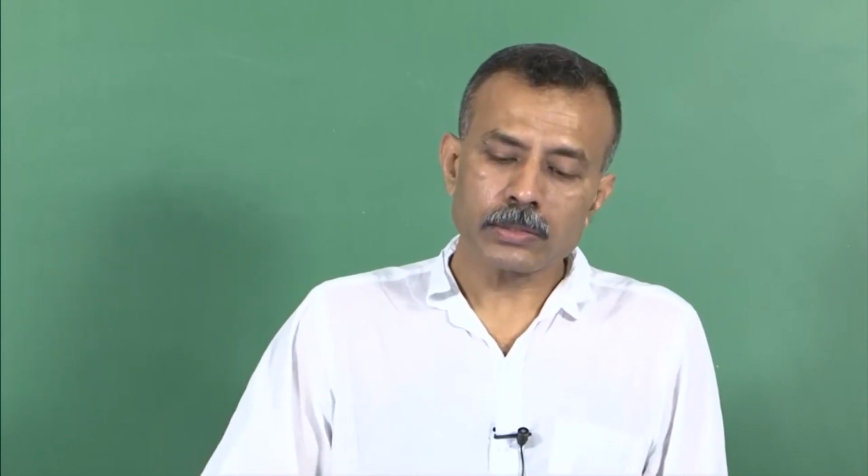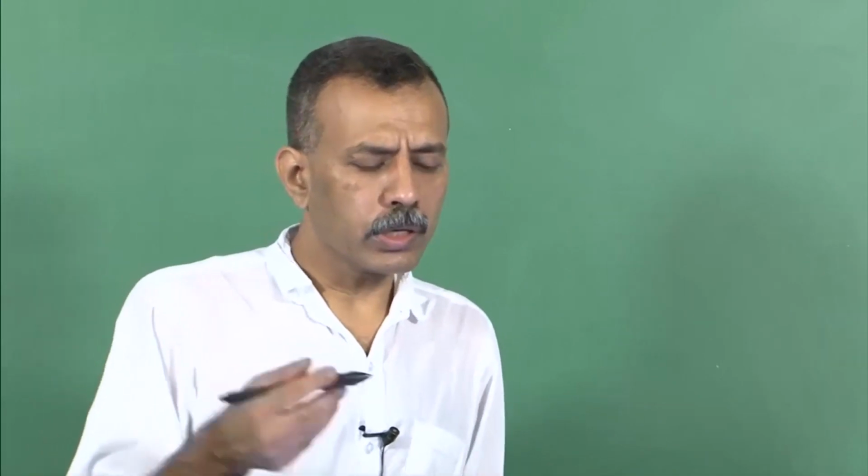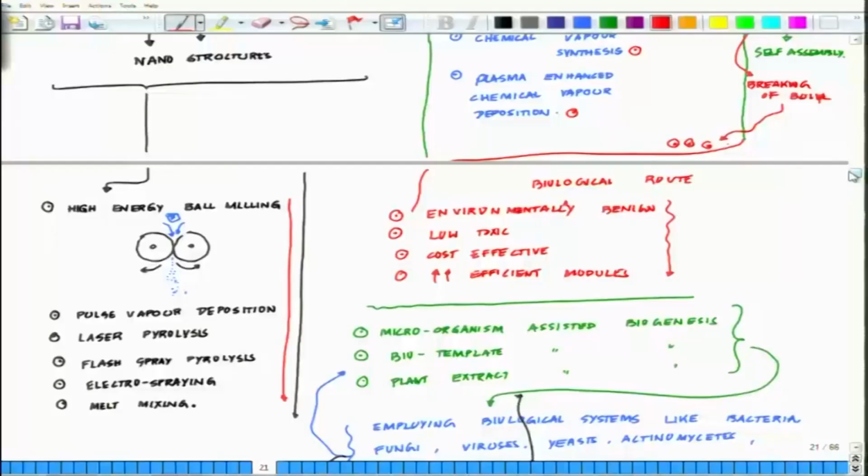So these are broadly the different methods under the heading of physical, chemical and biological methods of synthesis. We'll go a little bit after this in explaining very briefly what is high energy ball milling, pulse vapor deposition, laser pyrolysis, flash spray pyrolysis, electrospraying and melt mixing.